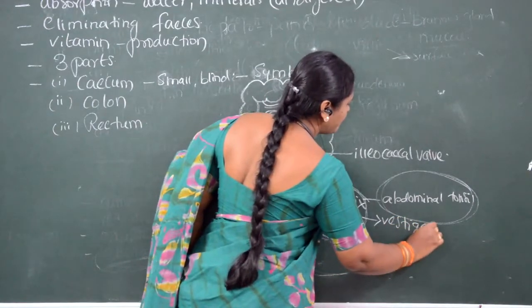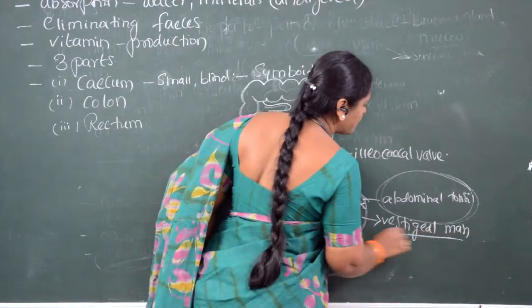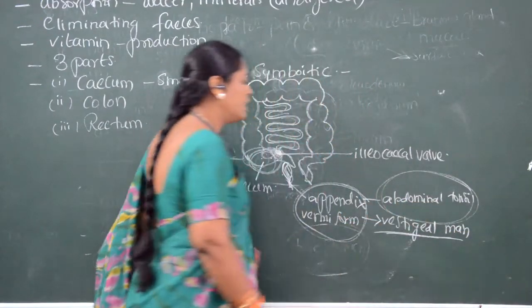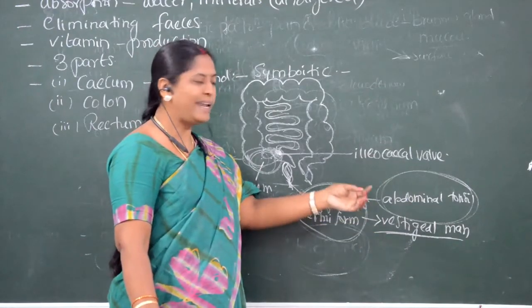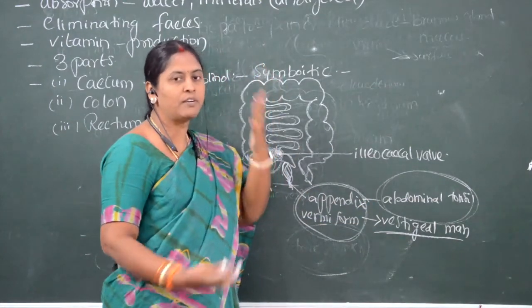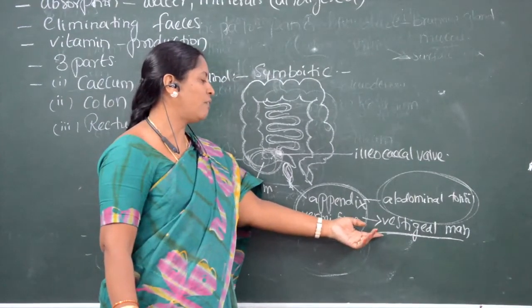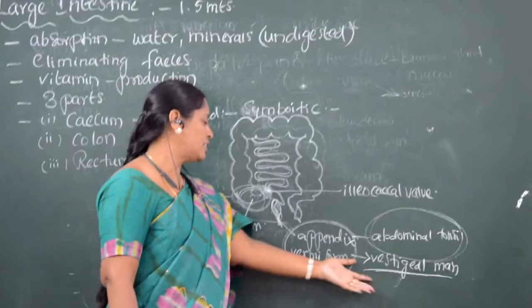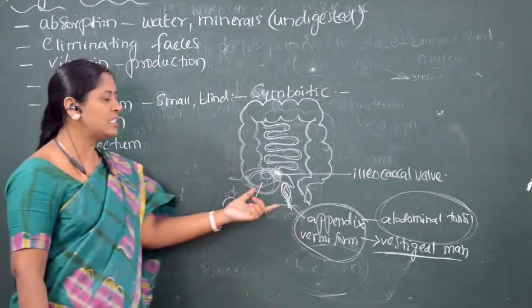What is the meaning of vestigial? It is not useful for any purpose, whether in digestion or otherwise, just as nails and hairs are vestigial for human beings. In the same way, there is no function for the vermiform appendix, which is present in the cecum.